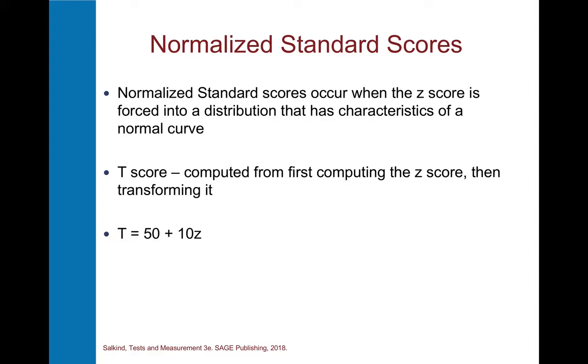You may realize immediately that this alternative way of calculating the standard score eliminates any negative number, and it eliminates any fractional scores. So that's pretty cool. For the t-score, the mean is 50. The middle of the distribution is always going to be a 50, and the standard deviation is a 10.